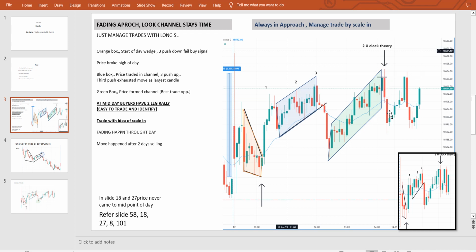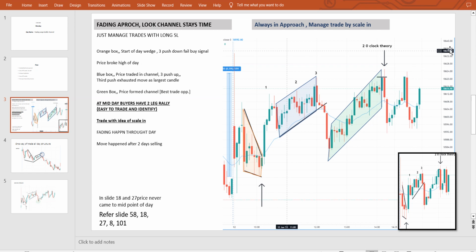Now what you see is 2 bear candles. Do not panic, just wait. Observe that very next candle is green, so just move your SL to here. What is easy to do is go below this. I will exit all the position or stay, and price stayed above it and just came to where your position is created.